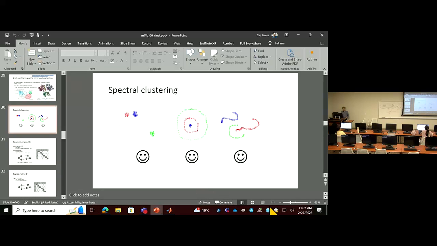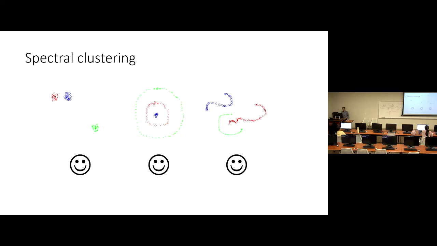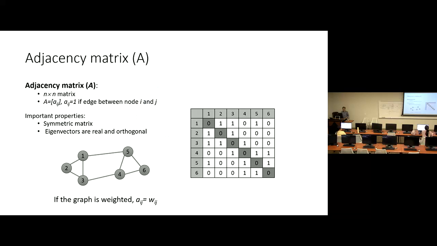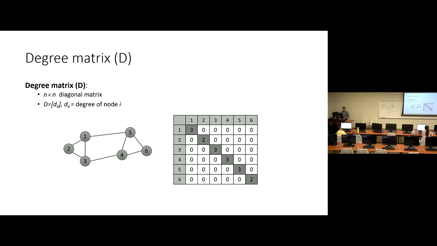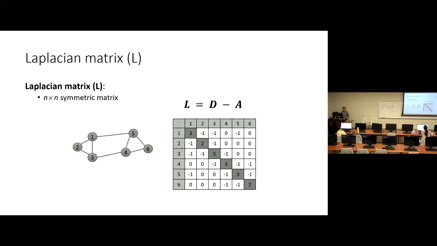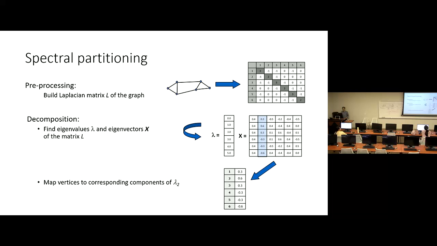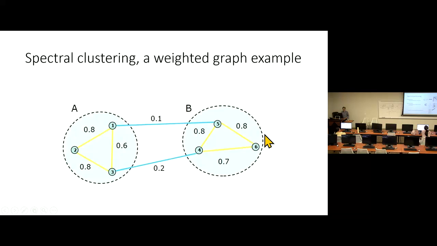So this spectral clustering algorithm, you start with an adjacency matrix, which is a network, and then compute the degree, compute the Laplacian matrix, then eigenvalue, eigendecomposition, and from here, you take this and do the K-means, basically.